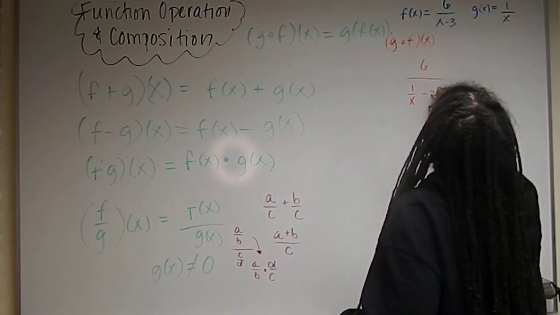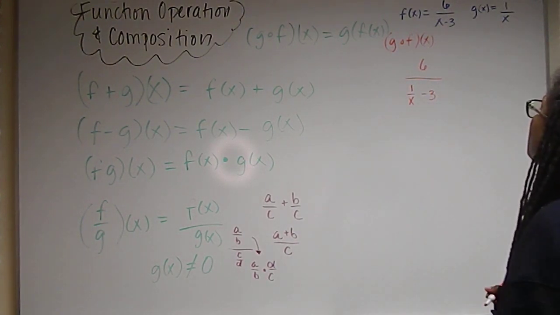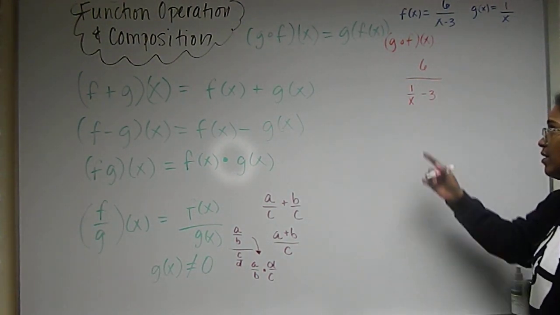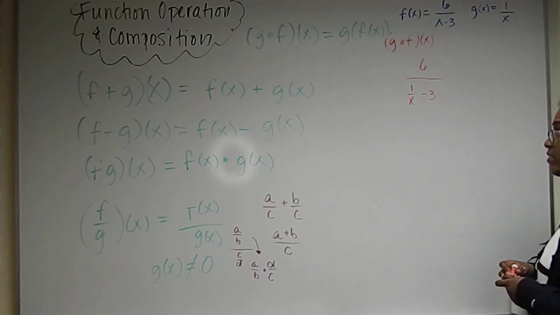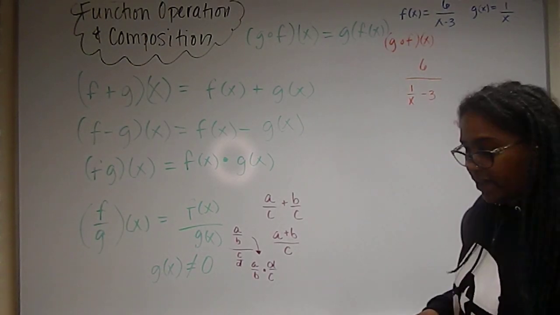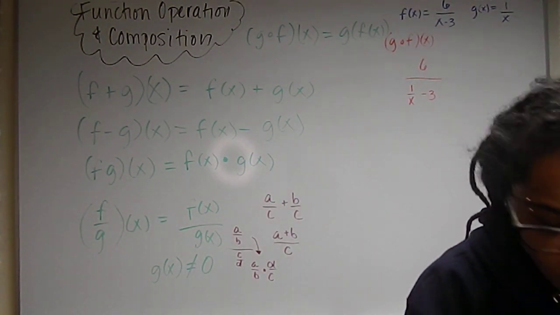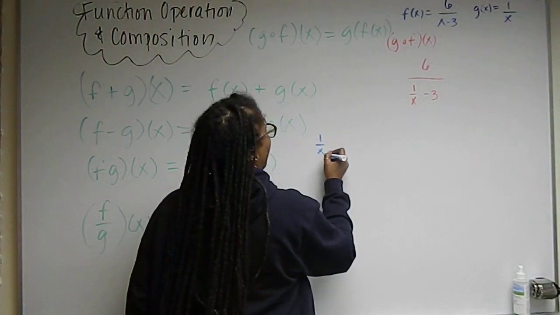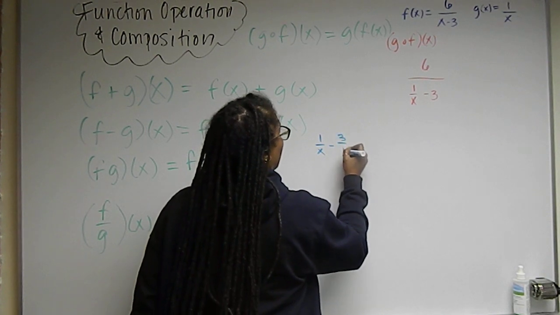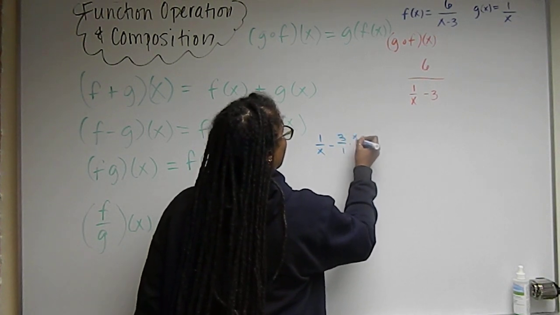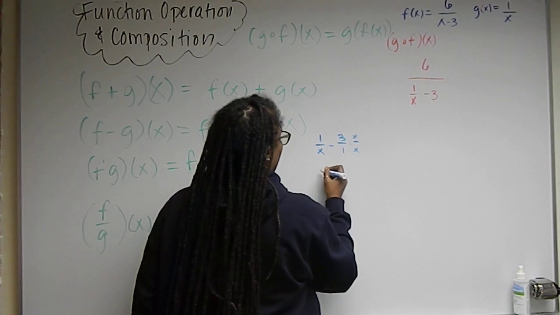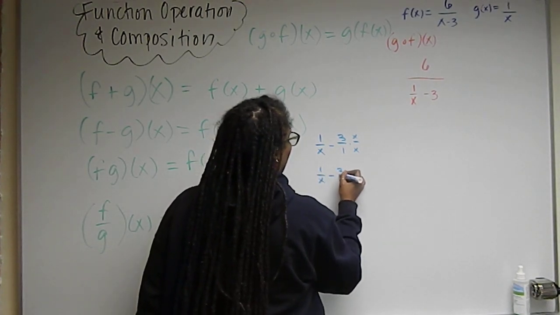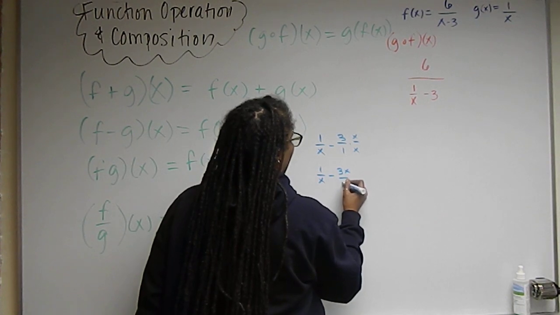Did we just do this one? No? Okay. 1 over x minus 3. But we have this situation again, right? So we have to break off to the side and work on our fractions. Let's see. 1 over x minus 3 over 1. That's going to be times x. So I got 1 over x minus 3x over x.